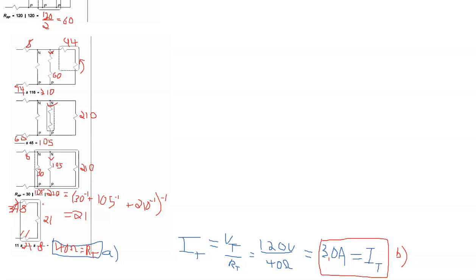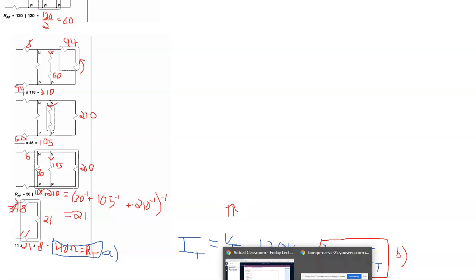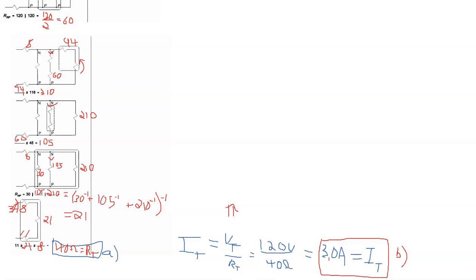Okay, so basically what we want to do next, moving up the page, is to say that the voltage drop across that 21 ohm, I just call that V21.